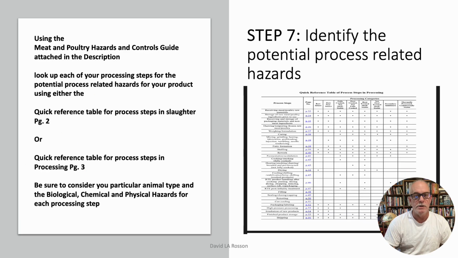All right, moving along. Step number 7, 18 steps to a HACCP plan. Using the meat and poultry hazards and controls guidance, the guide attached in the description, look up each of your processing steps for the potential process-related hazards for your product using either the quick reference table for process steps in slaughter on page 2 or the quick reference table for processing steps for processing on page 3.